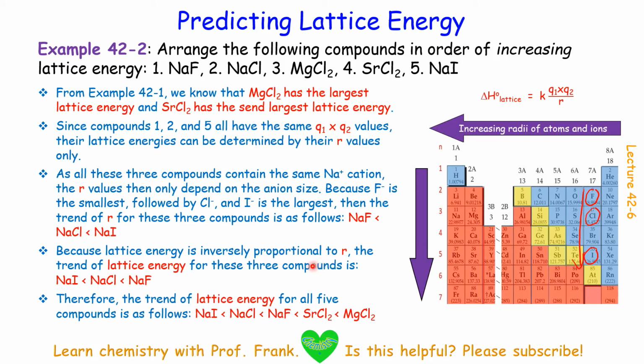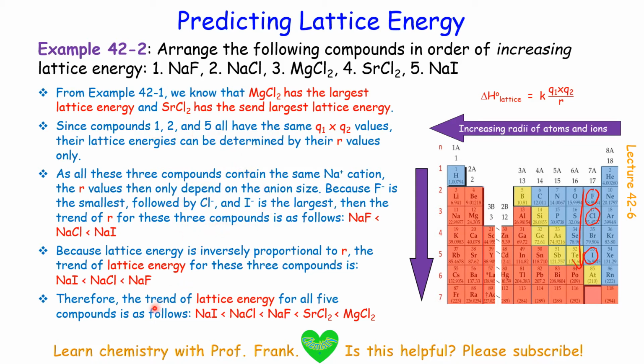Now we can put the 2 groups together. The first group, compounds 3 and 4, we already solved in the previous example, example 42-1, and we just worked on the remaining 3 compounds, compounds 1, 2, and 5, in the last couple of minutes.